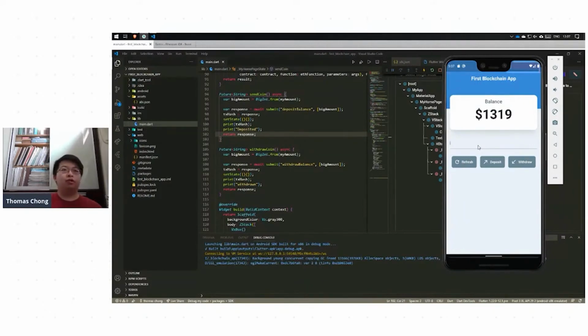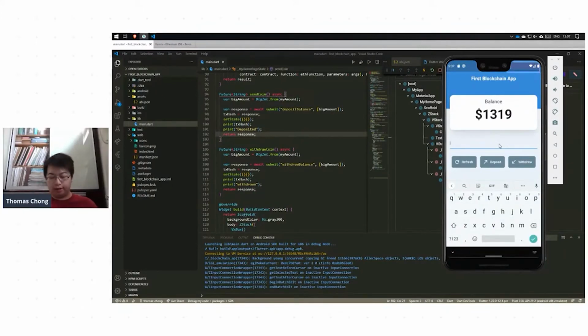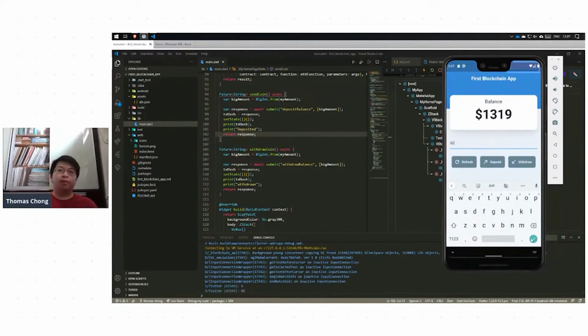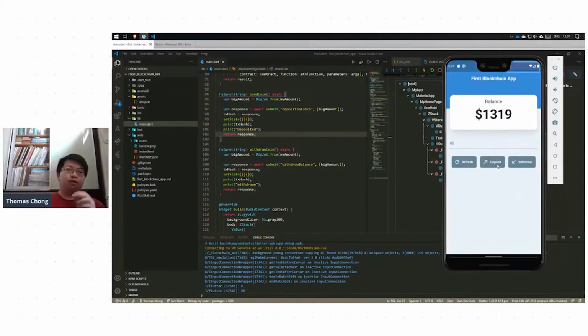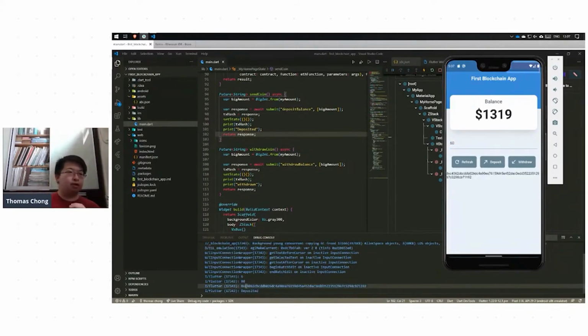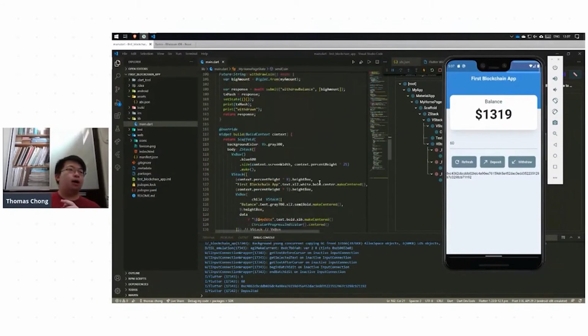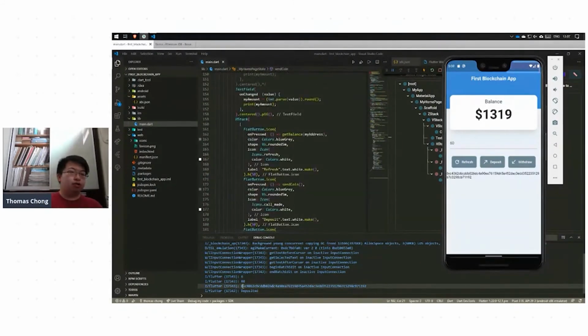Now I'm going to add 60 and do a deposit action, and after that you can see there is already a deposit transaction here, and this is the ID you can use to track it.